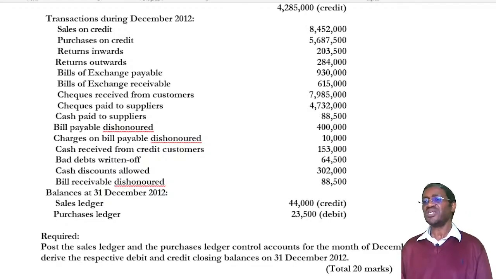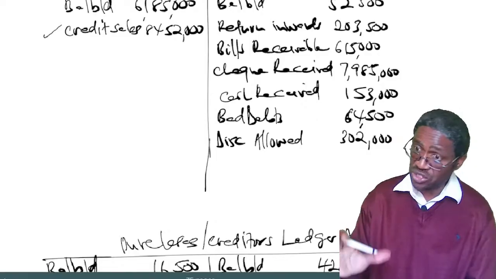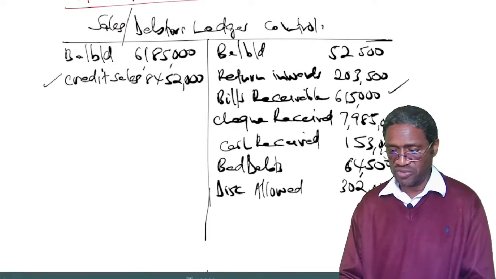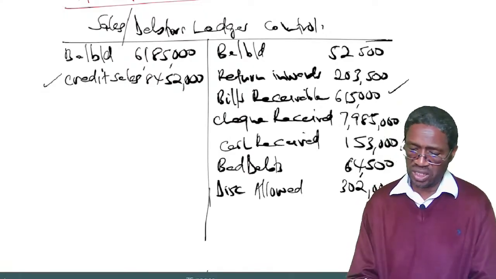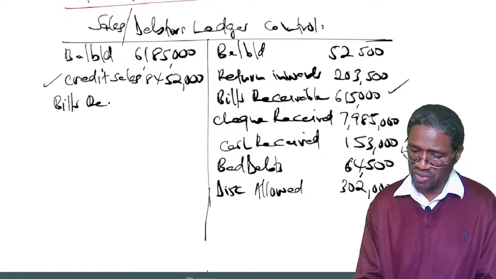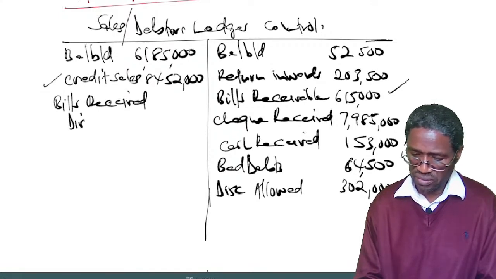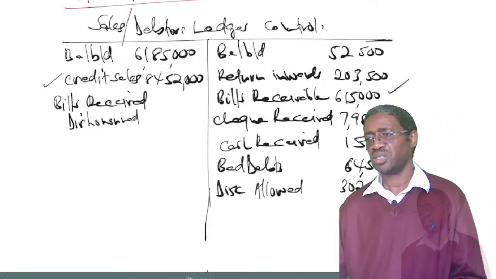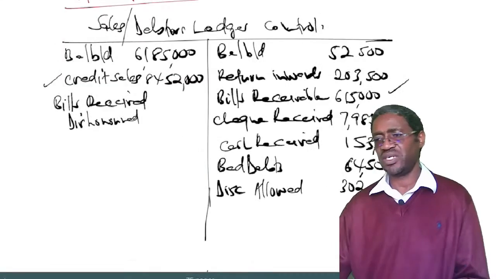So it became a bill receivable to you as a business. Now it has become dishonored. So we go and cancel it. Where did you record it? On the credit. You can see it here, 615. Part of it has become dishonored. You debit. You come and see your bills receivable or bills received dishonored. How much? 88,500.